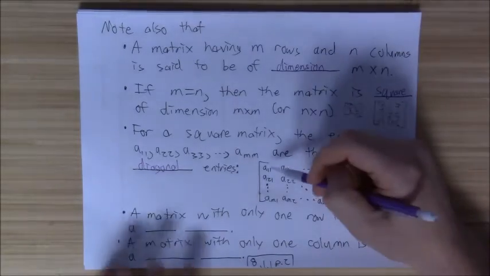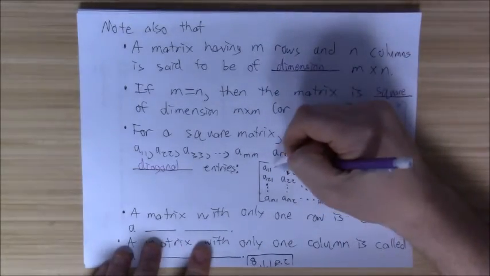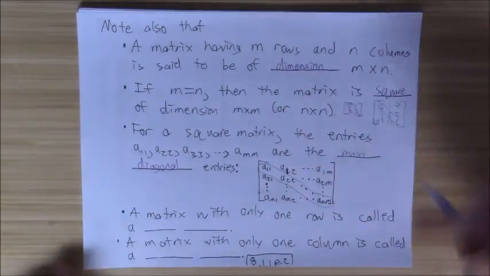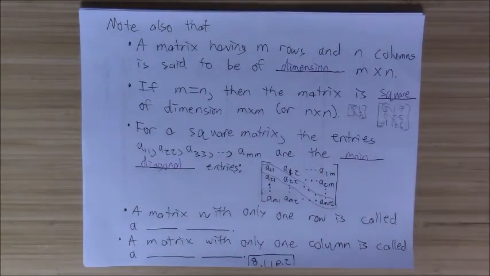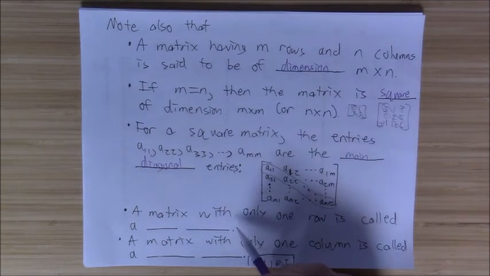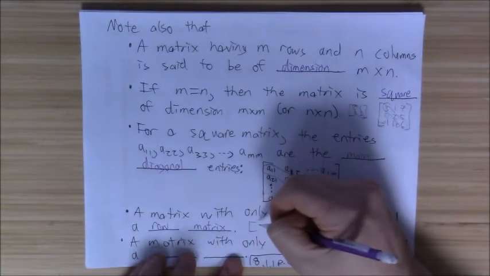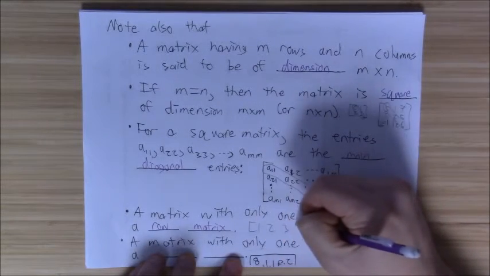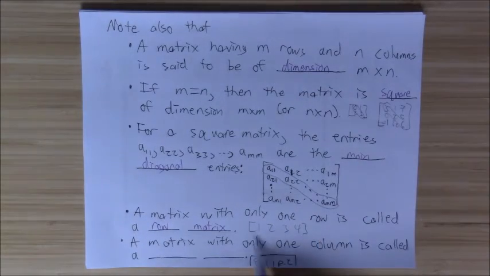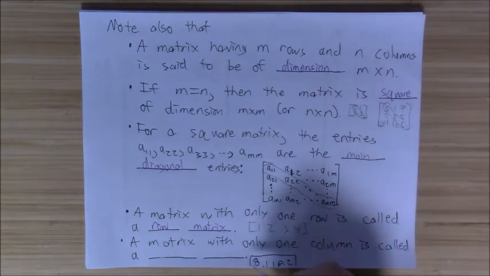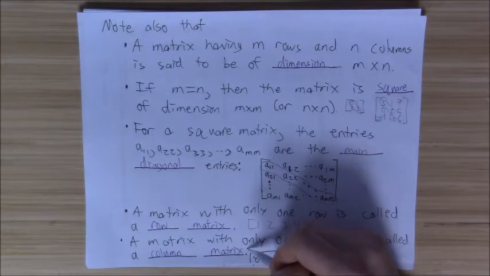Namely, the main diagonal entries for a general m by m matrix would be these entries. Also, a matrix with only one row is called, appropriately, a row matrix. For example, something like 1, 2, 3, 4. Again, the numbers don't really matter. There are 4 columns, but only one row of that matrix. And similarly, a matrix with only one column is called a column matrix.